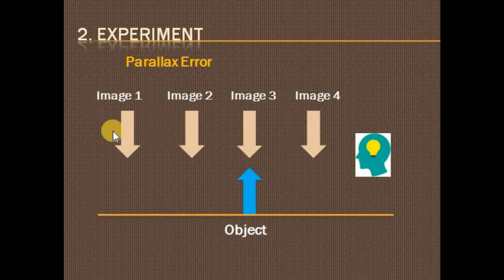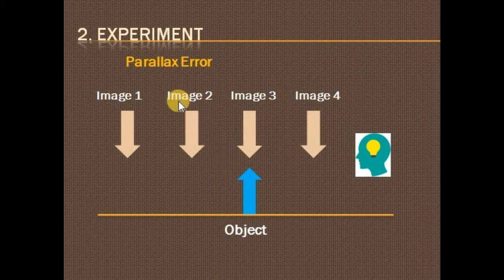Now if you bring this image 1 closer to the object, and for example image 2 is the new position of this image 1, then you will find that now the movement of this object becomes slower compared to the previous case.